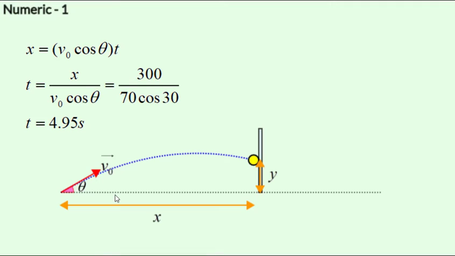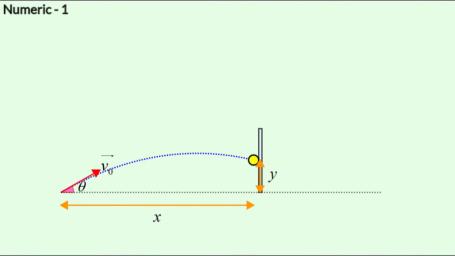Now let's make use of this value of time that we have computed to compute the y displacement. Now we focus our attention on the y-axis. We have the initial y component of velocity, v0 sine theta, and we have the acceleration as minus g, as this is opposite in direction to the velocity.